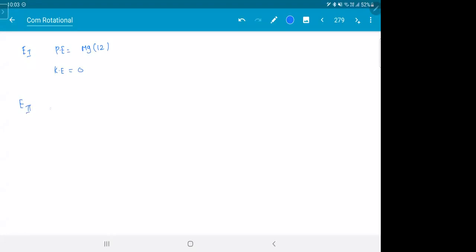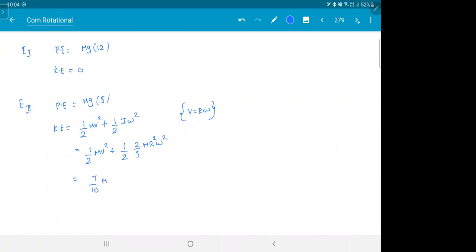Energy in state 2: potential energy mg5, kinetic energy half mv square plus half I omega square. I will be 2 by 5 mr square. r omega is v since it is not slipping. That is 7 by 10 mv square.